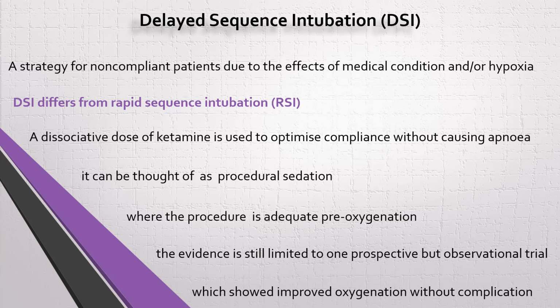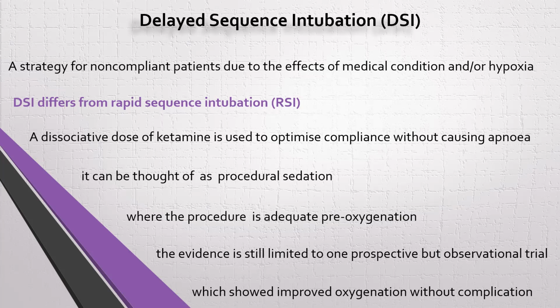In delayed sequence intubation, we need to optimize the patient pre-intubation. We consider it pre-intubation optimization. I need to improve pre-oxygenation before intubating my patient. I need to decompress the stomach with insertion of a nasogastric tube before intubation, in an agitated and uncooperative patient.